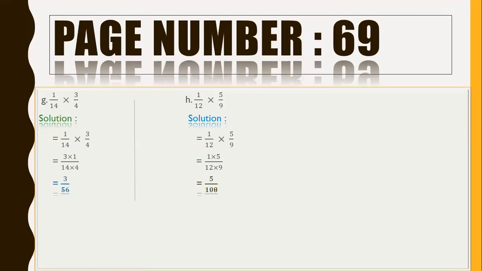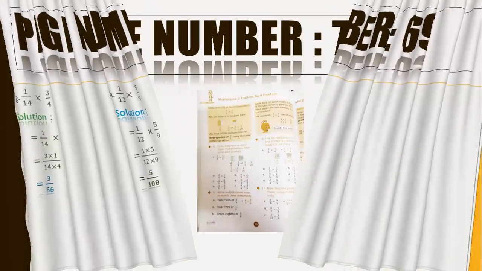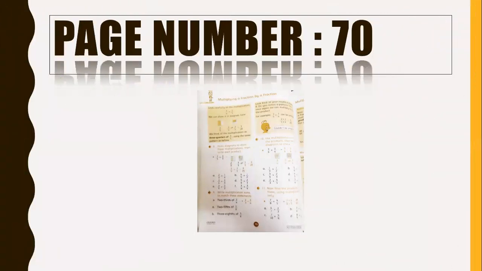We have finished here page number 69 because we completed questions 6 and 7. Come to page 70. There are 4 questions: 8, 9, 10 and 11.